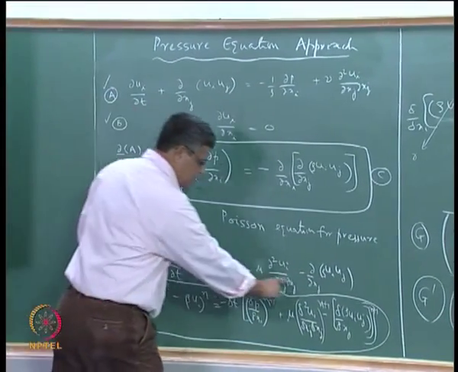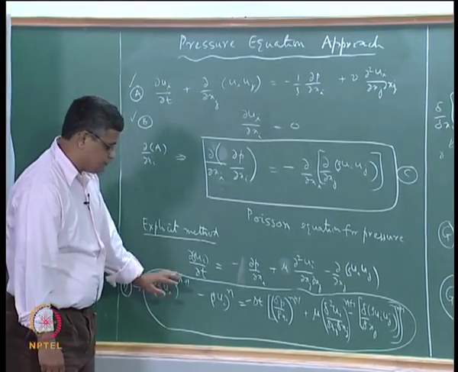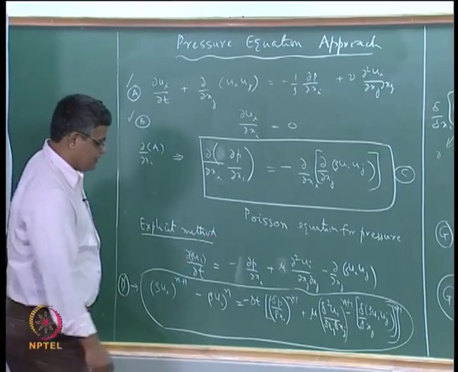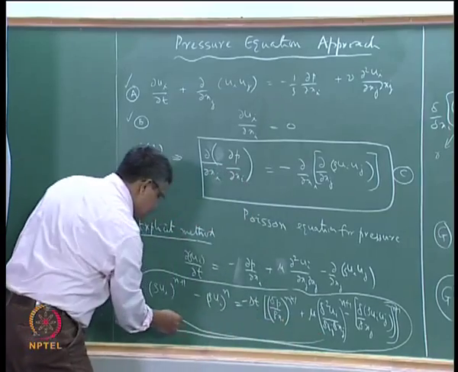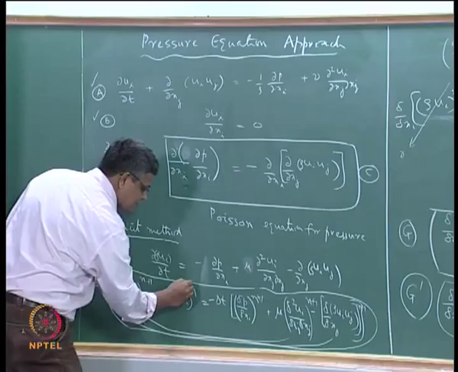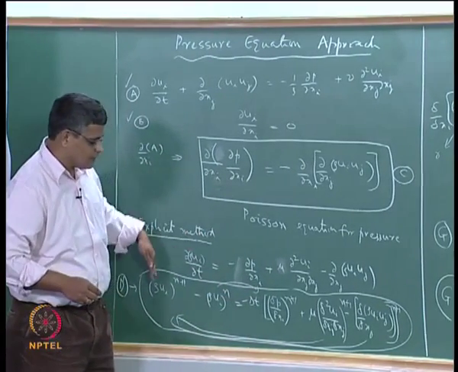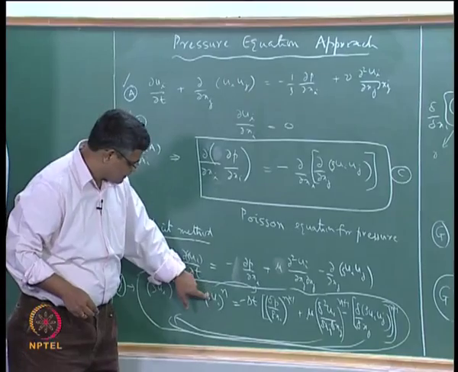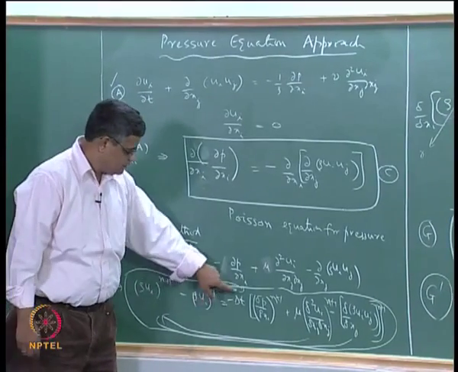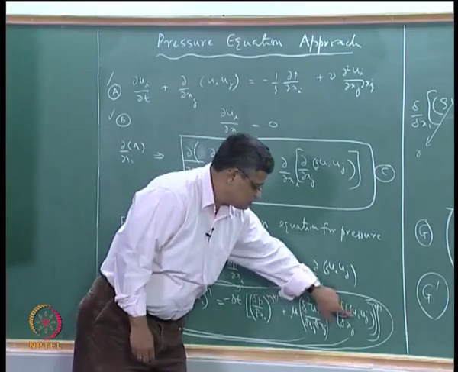If you look at this equation here in an implicit way, if we are treating this in a fully implicit way, we have to bring this onto the left hand side, and we have to bring this also onto the left hand side, and this goes to the right hand side. So when you look from one equation to the other equation, this term will not change, this term will change, and both these terms will change.